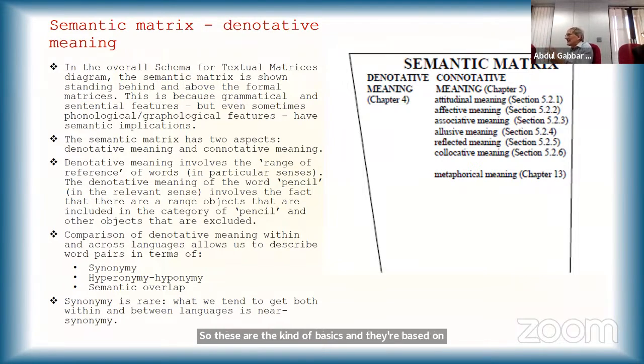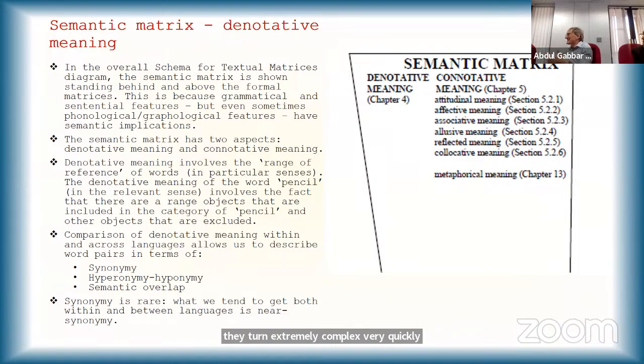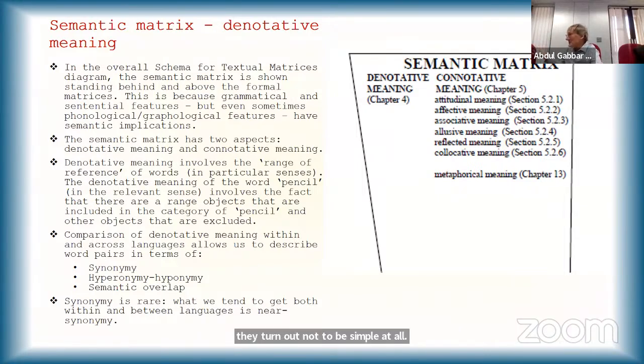So they are hopefully quite well established. If anybody ever tried to work with them in looking at language, they turn extremely complex very quickly. So everyone presents these as if, oh, everyone knows what all these things are. Try and do some analyses with them, some real analyses. They turn out not to be simple at all. But let's say in principle, they should work.